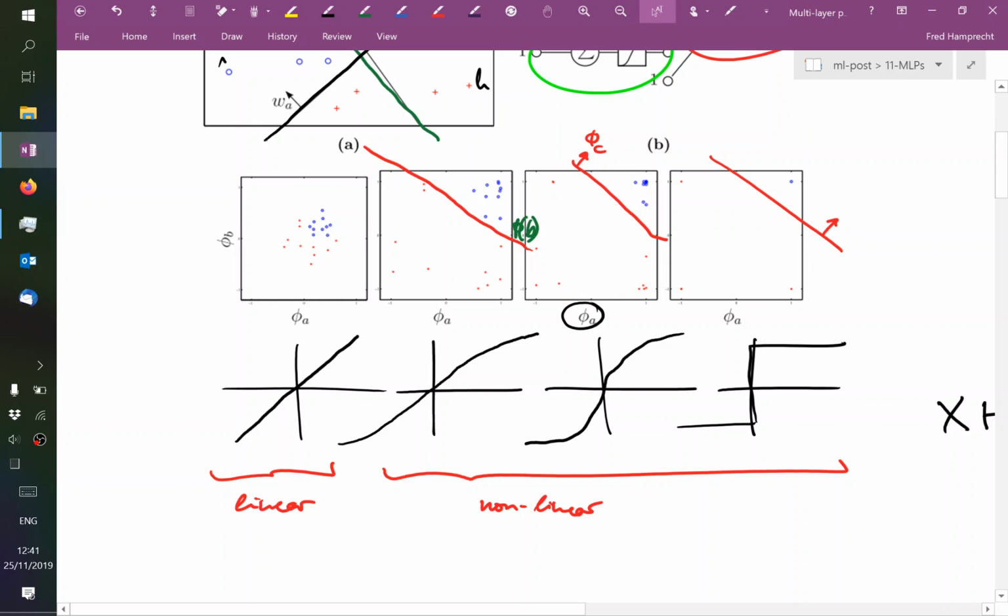So after these nonlinear transformations, a perfect fit to my training data becomes possible, whereas it was not possible for the purely linear transformation.